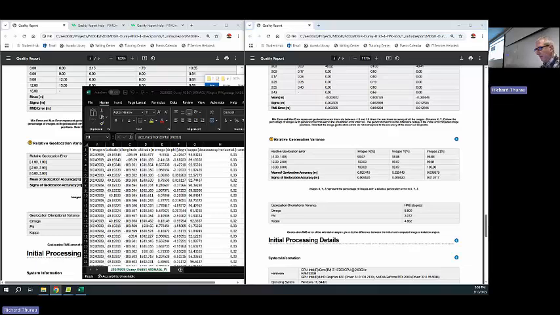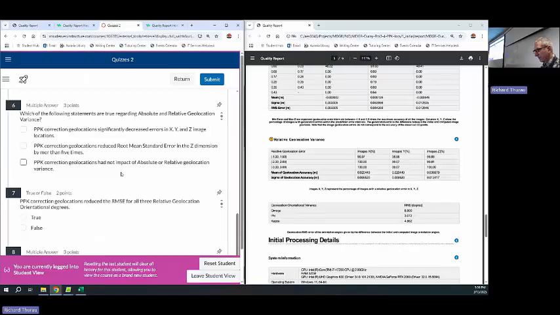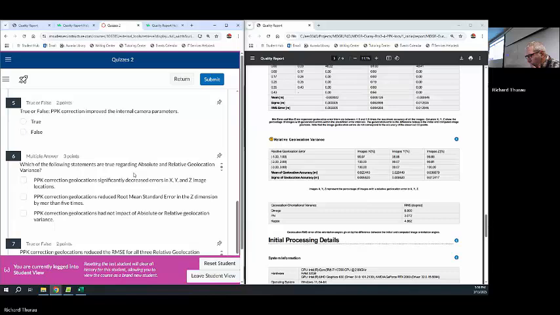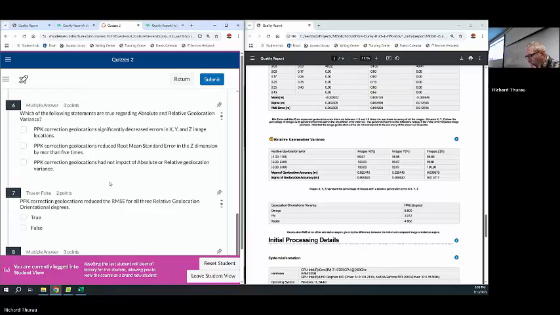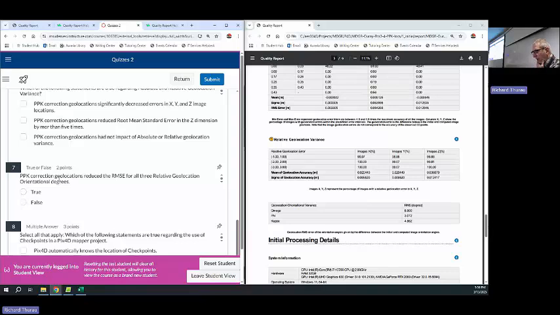All right. Then number 7, PPK correction geolocations reduce the RMSE of all 3 relative geolocation orientation degrees. So, relative geolocation variance.